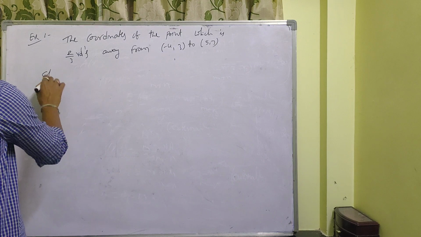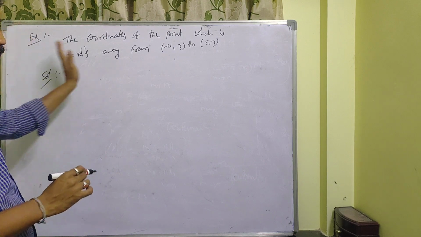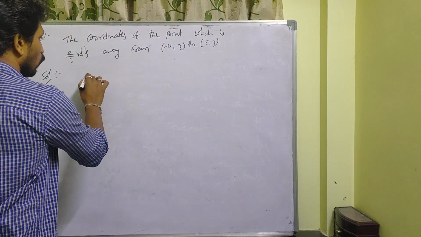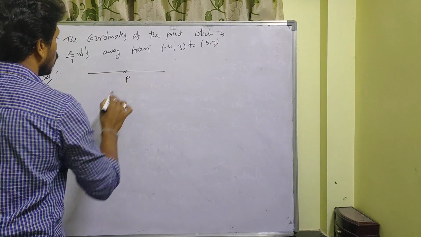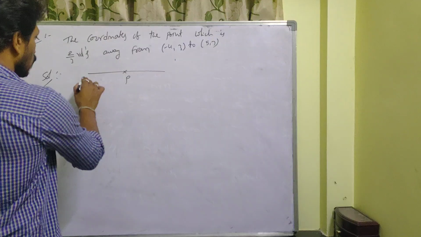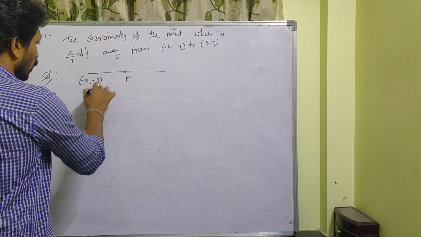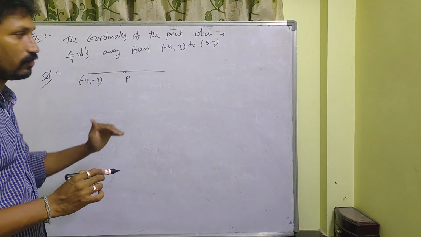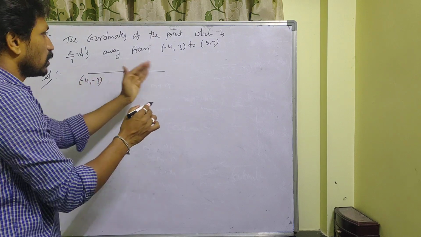Here the meaning is, he is asking to find a point which is 2/3 of the way from this point to this point. That means from minus 4 comma 3 toward 5 comma 7.